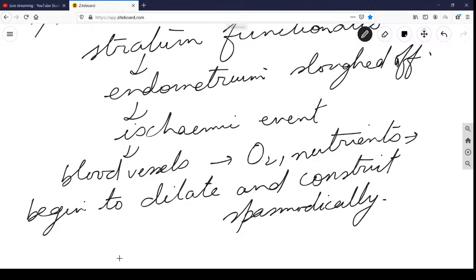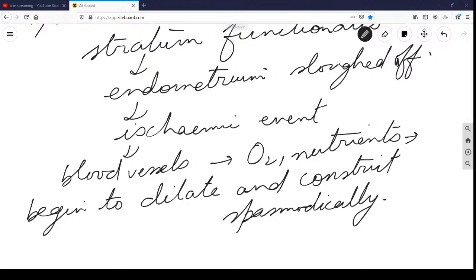That will lead to the destruction of the entire blood vessel, and that would then lead to hypoxia, nutrient deprivation, and then death of the stratum functionalis tissue.